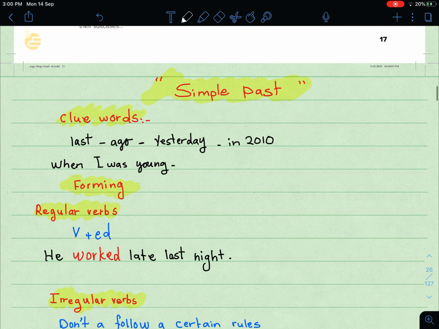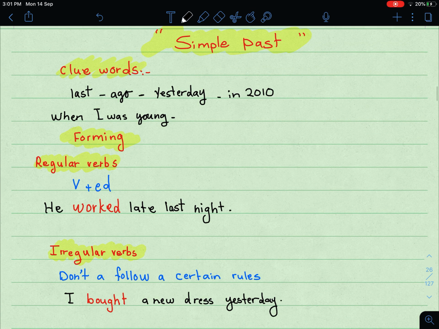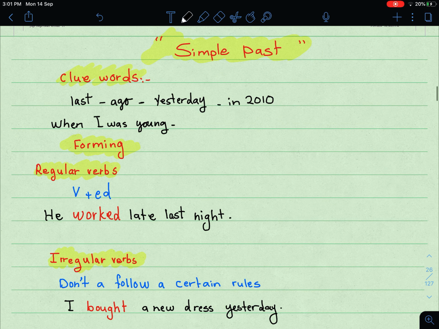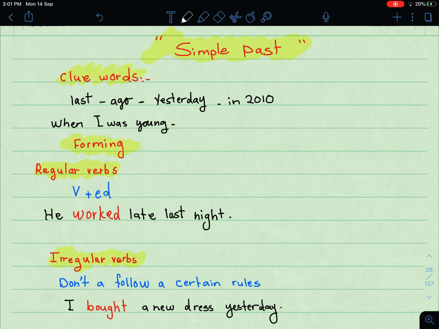And also we will discuss, راح نناقش clue words اللي هي الكلمات اللي ممكن استخدمها مع أي زمن, وبرضو uses which is الاستخدامات, يعني أي زمن من 3 نواحي: التكوين, الكلمات اللي استخدمها معاها, وبرضو الاستخدامات. خلاص.